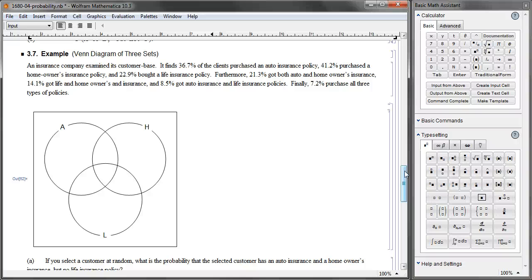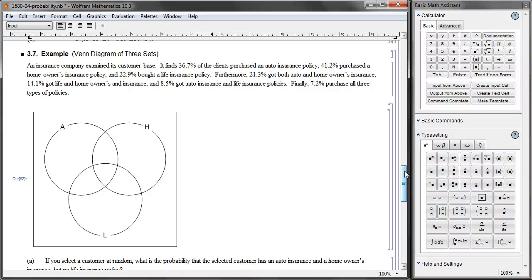Furthermore, 21.3% got both auto and homeowners, 14.1% got life and homeowners insurance, and 8.5% got auto insurance and life insurance. Finally, 7.2% purchased all 3 types of policies.